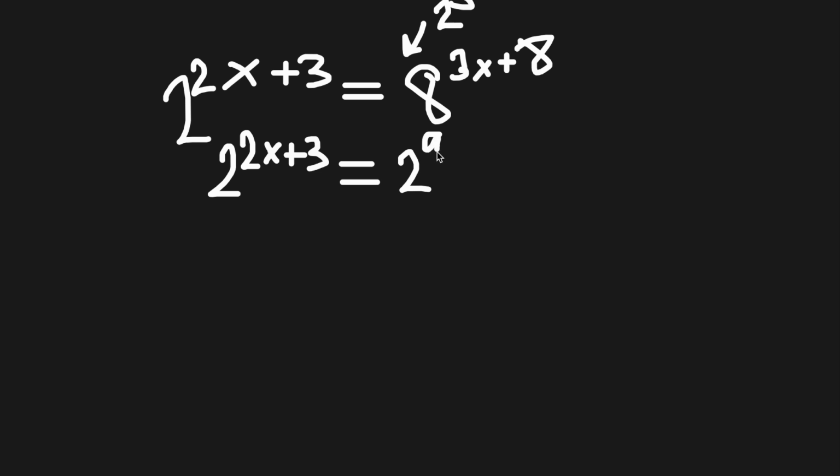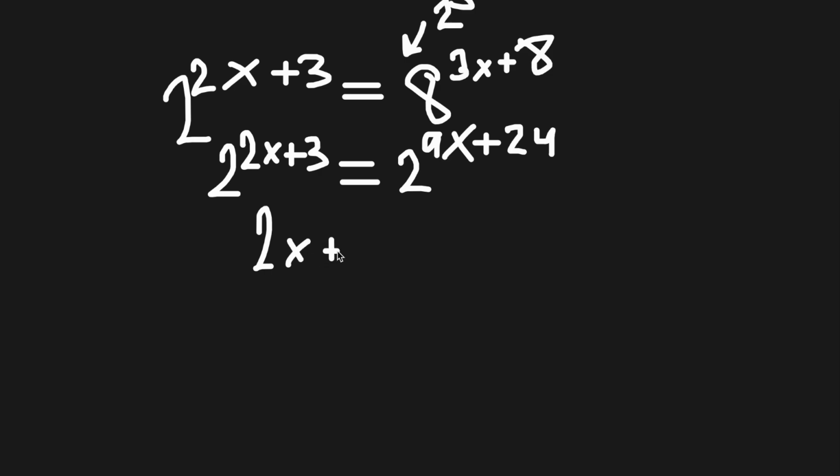So 2 to the power of 9x plus 24. Now, since we know that the bases are the same, 2 and 2, it's okay for us to assume that the exponents should equal each other. So we're going to simplify it and bring it down.